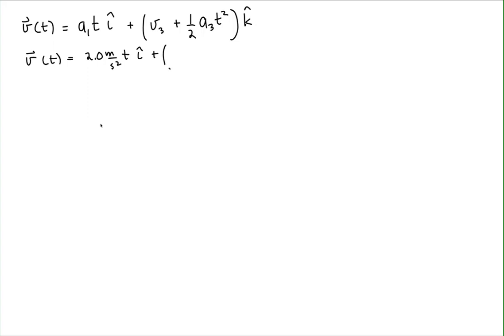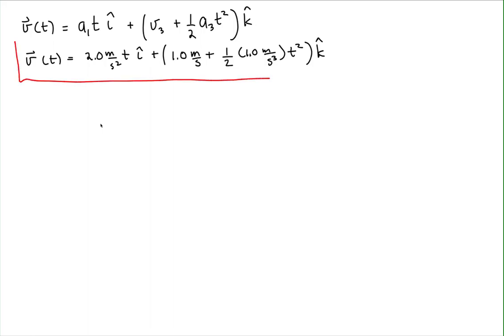The z component of velocity has v3, which is given as 1.0 meters per second, plus 1/2 a3. A3, remember, was 1.0 meters per second cubed, and this is times t squared for the z component. So we now have our final expression for the velocity as a function of time.